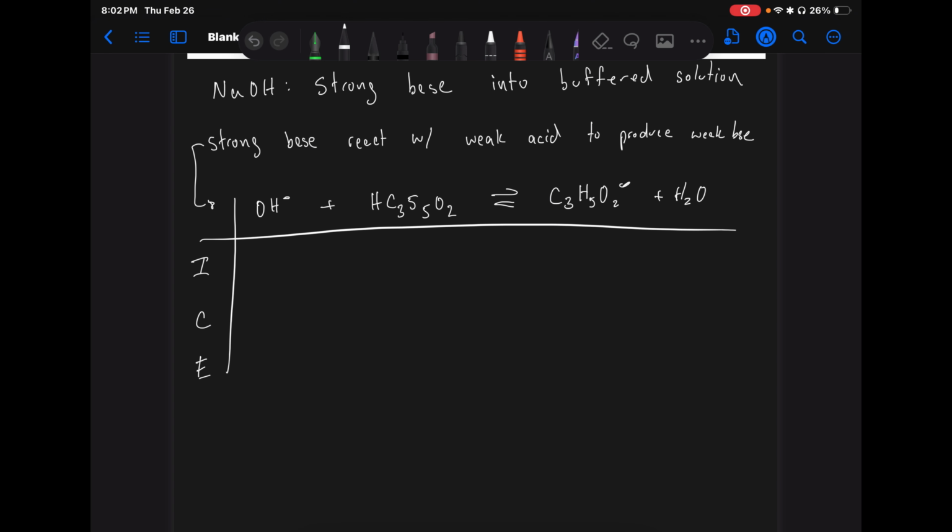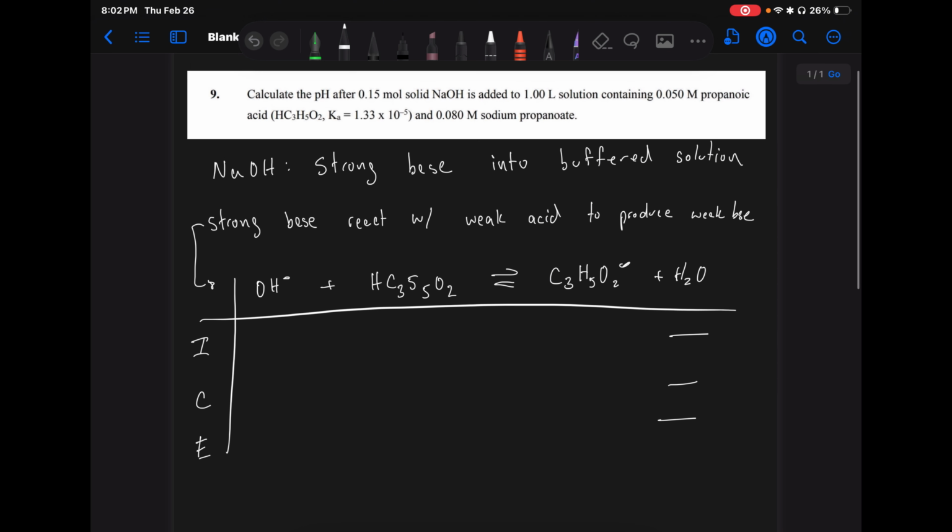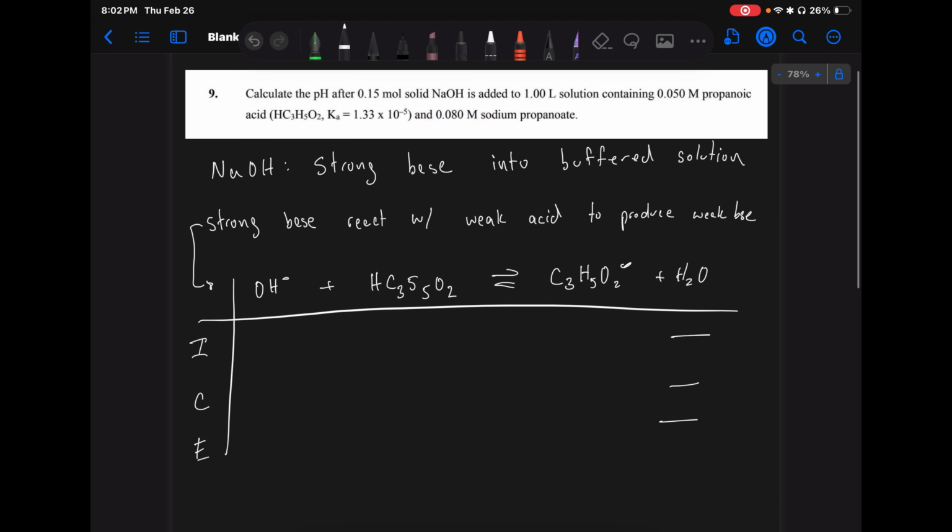But anyways, H2O we don't have to worry about. So OH minus would be 0.15 moles, because this is a 1 liter solution. So 0.15 moles per liter will still lead us to 0.15 moles. We'll keep the entire thing in moles.